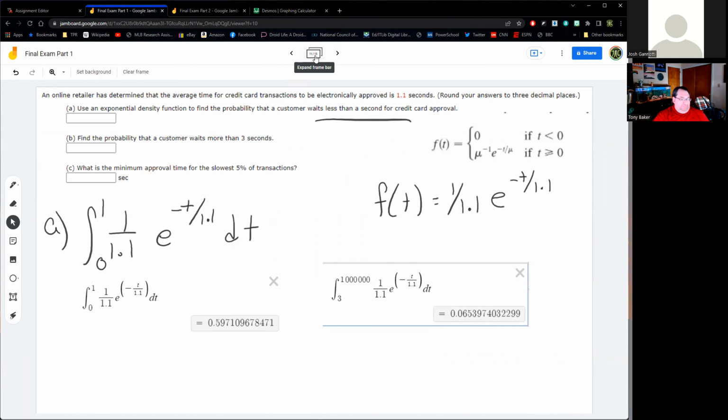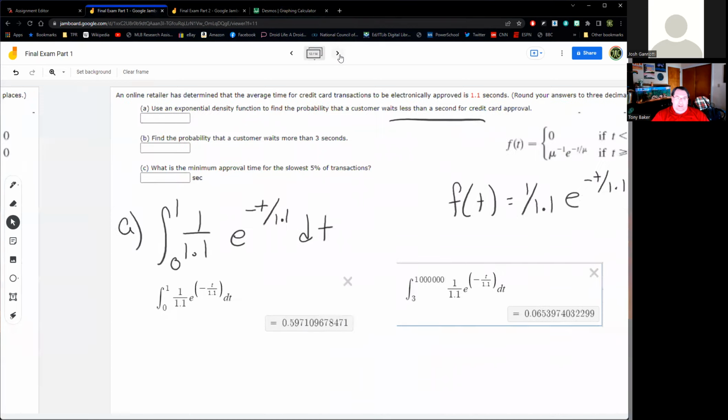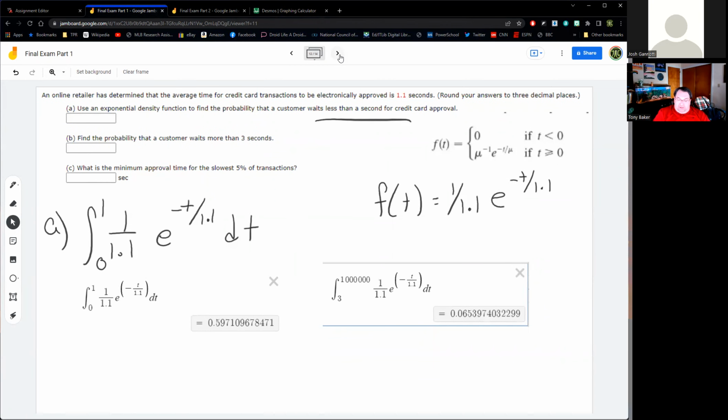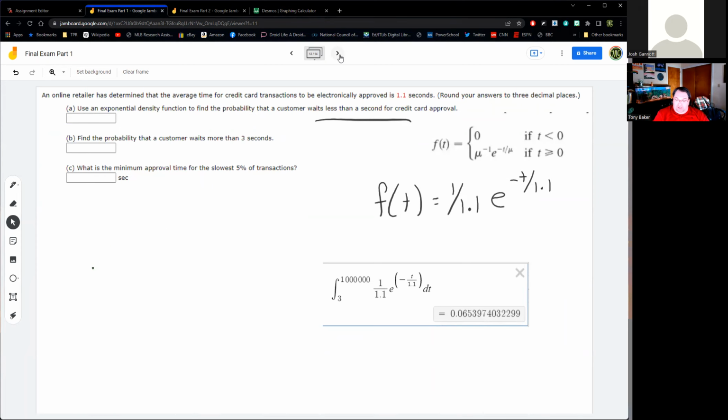All right. C, we have to do it because we want the slowest 5%. So we really want to know where the integral is going to give me the 0.05.